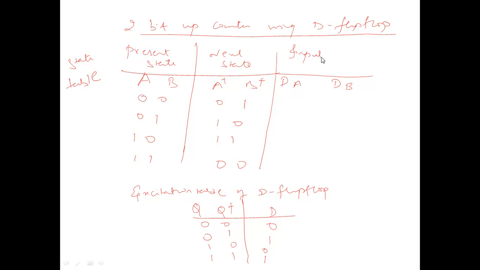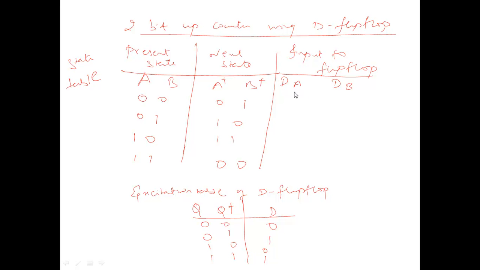Now using this excitation table of D, you can complete the input to the flip-flop. So this column is the input to the flip-flop. You are introducing one more column for our understanding in the state table. The state table is just giving you the present state and next state. This is an extra column we are introducing to realize the synchronous sequential circuit. So DA and DB. Now the same procedure again.